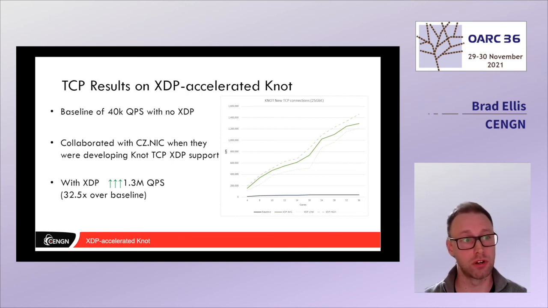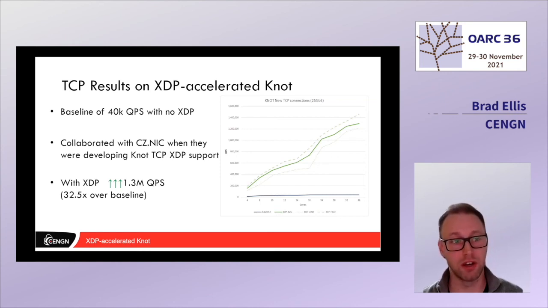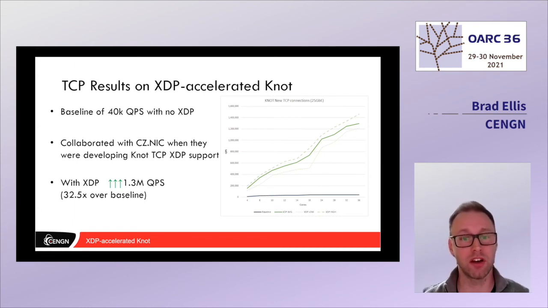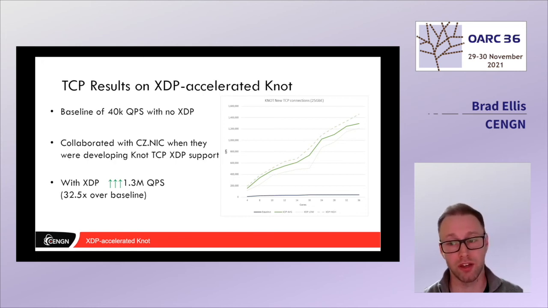Next, we're going to focus on TCP results. This is a little bit harder. It takes more tuning and so on. Our baseline was around 40,000 queries per second without XDP on. When we were doing this, Knot didn't actually have XDP for TCP. So we collaborated with them.